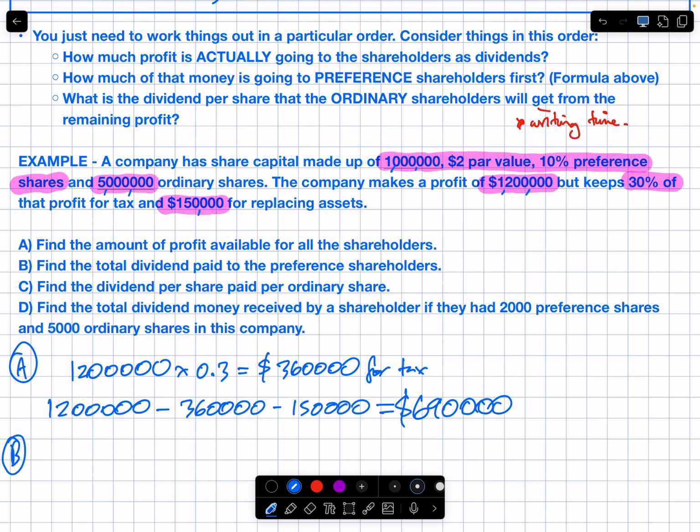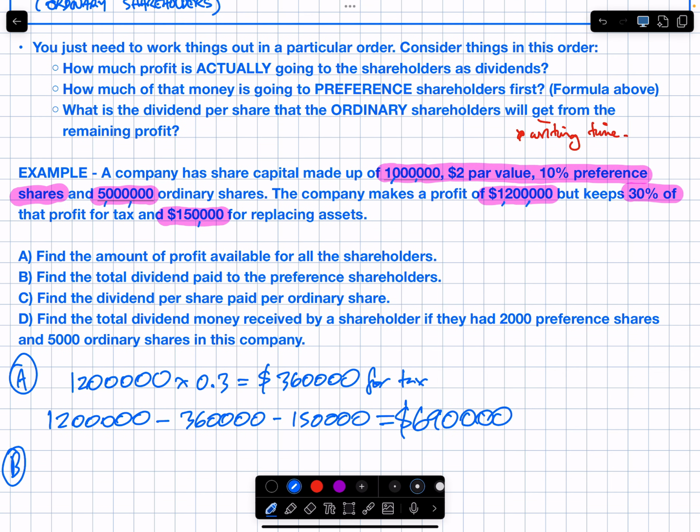B. Why do we do the preference shareholders first? Are they better? They're preferred. They get their money first. And if there's nothing left over, the ordinary people get nothing. Okay? So preference shareholders, how many preference shares are there? There's 1 million.